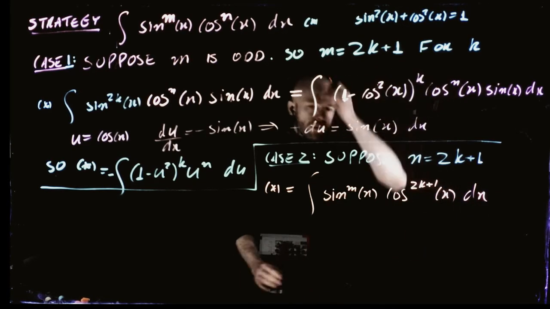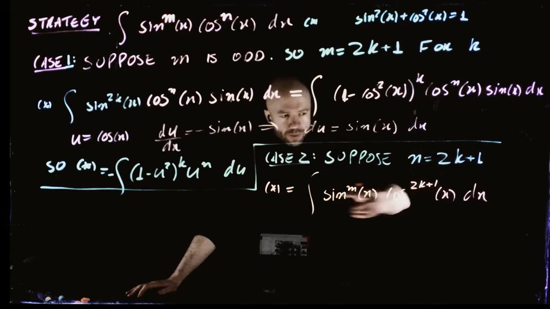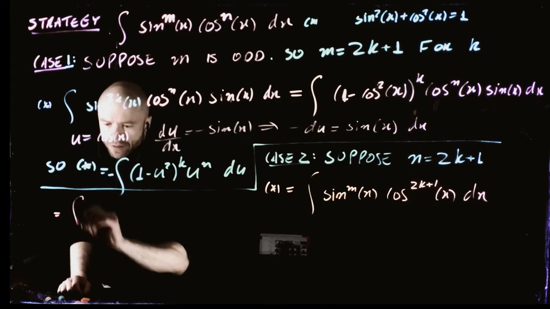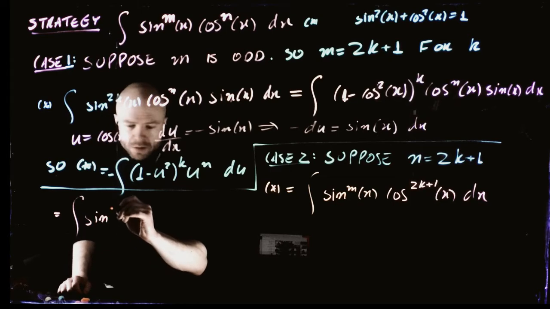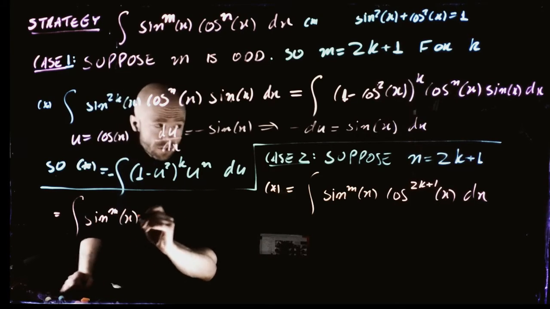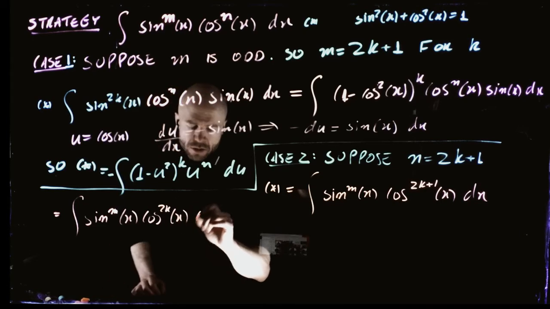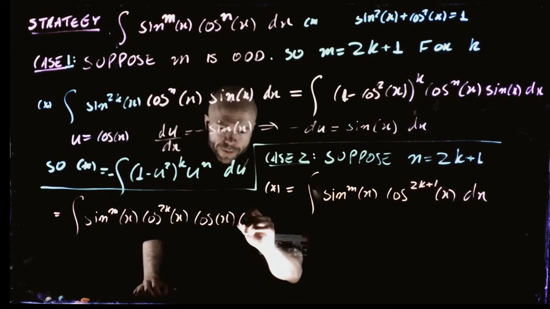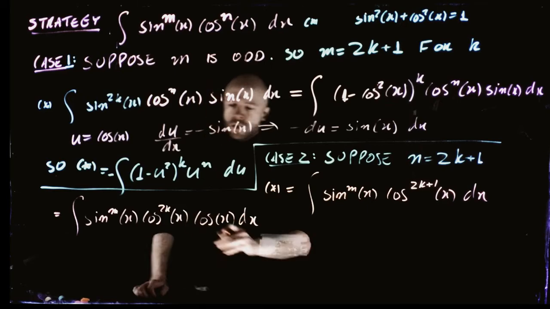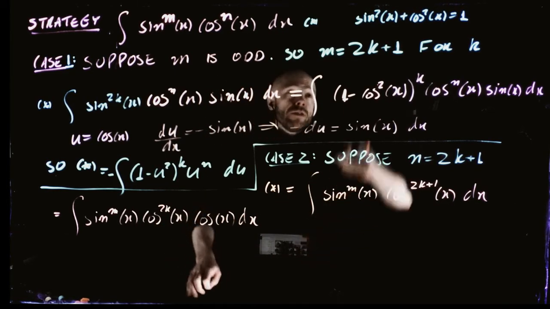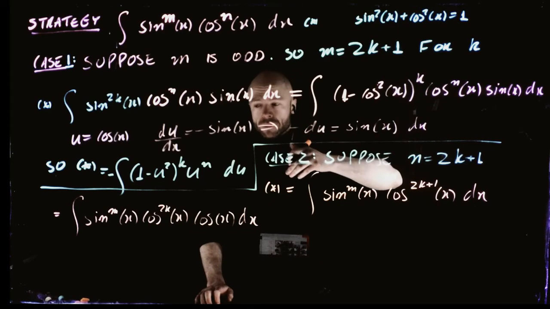What are we going to try and do then? Yeah, let's pull out one of the cosines. Yeah? Do that, and we have this thing, sine to the m of x cosine to the 2k of x cosine of x dx. Yeah? And we can do the same thing. We can turn this stuff into a bunch of sines using this identity over here, right?